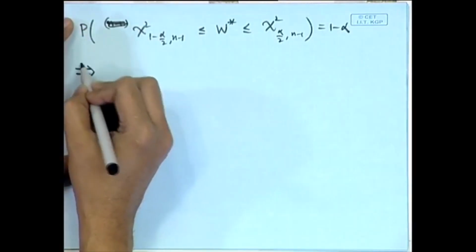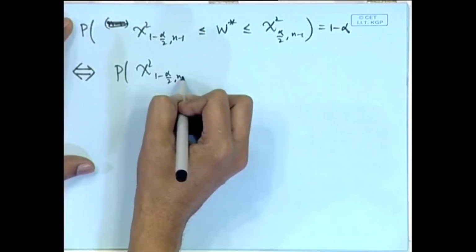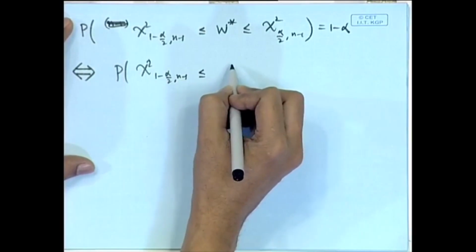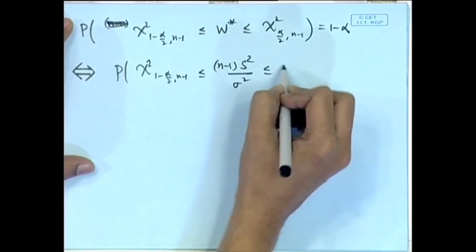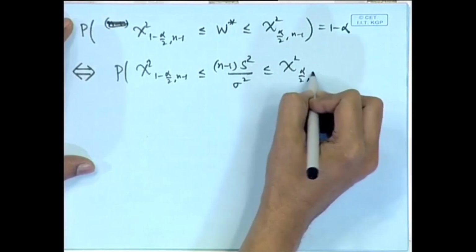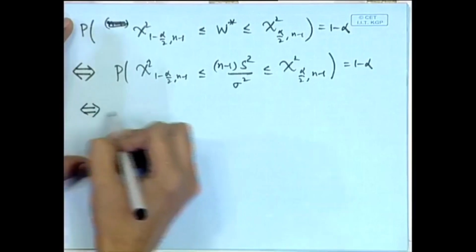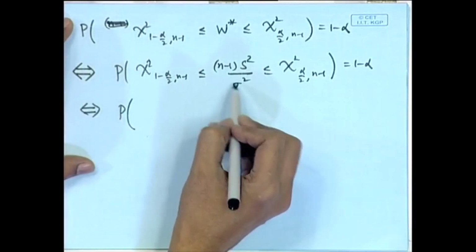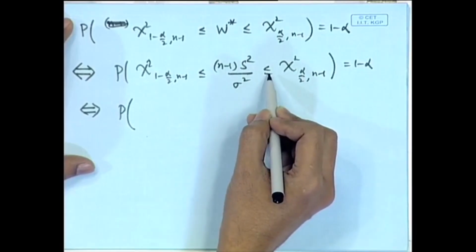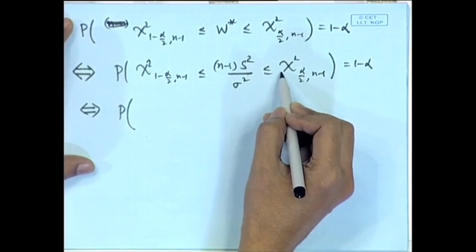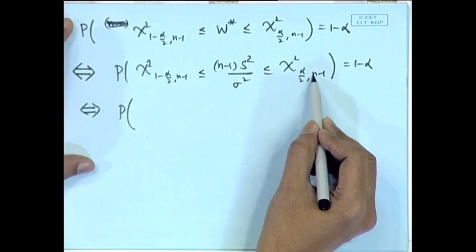This statement is then equivalent to probability of chi square 1 minus alpha by 2 n minus 1 less than or equal to n minus 1 s square by sigma square less than or equal to chi square alpha by 2 n minus 1, that is equal to 1 minus alpha. Now from here, if we look at the right hand inequality, it is equivalent to sigma square greater than or equal to n minus 1 s square by chi square alpha by 2 n minus 1.